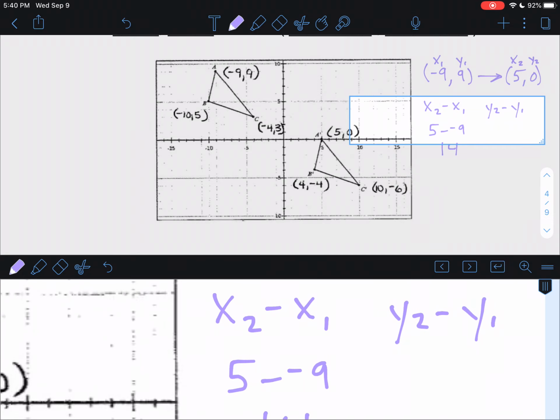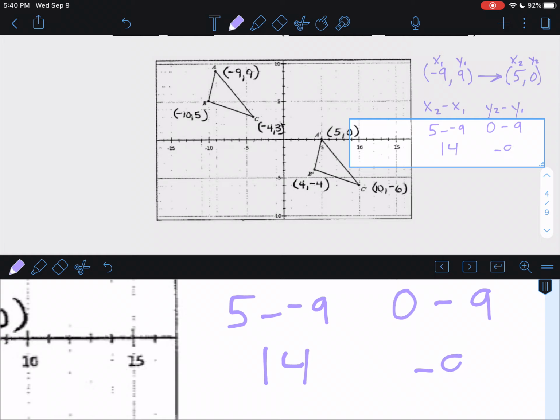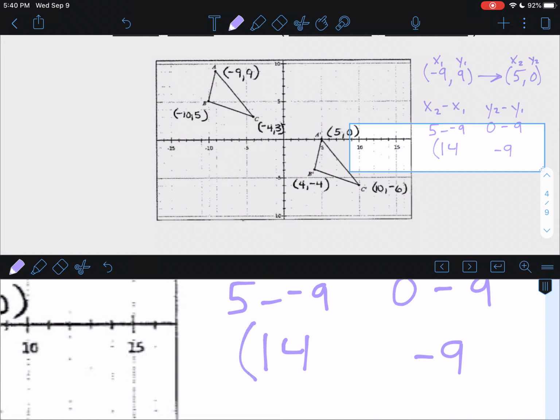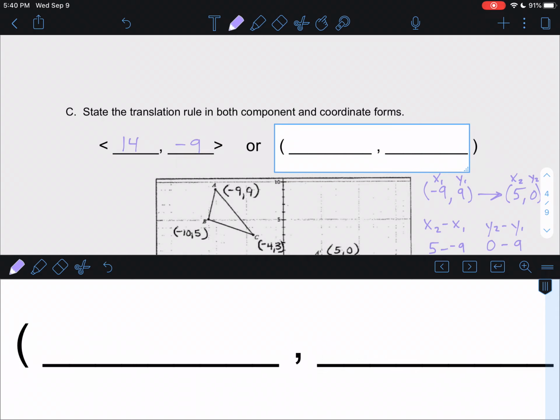Okay, so the y2 here is 0, the y1 is 9, so 0 minus 9 is negative 9, meaning that the mapping was the x's went right 14, and the y's went down 9. So, right 14 and down 9. 14, negative 9.